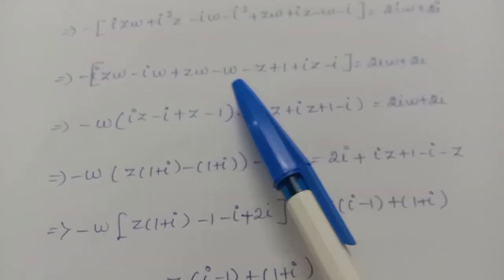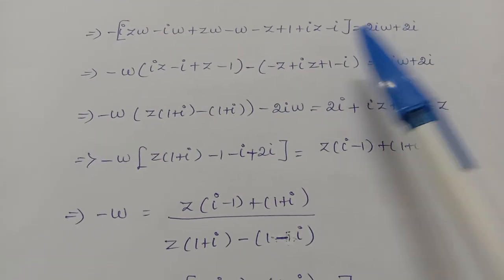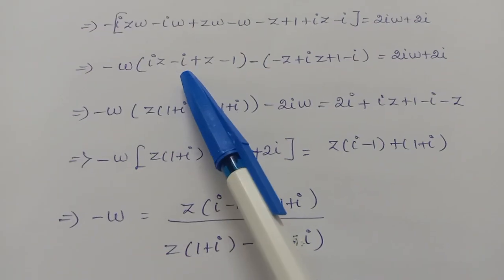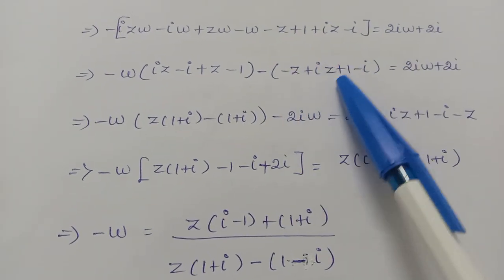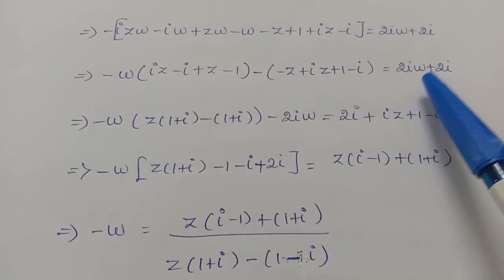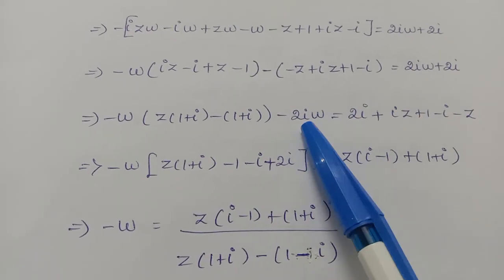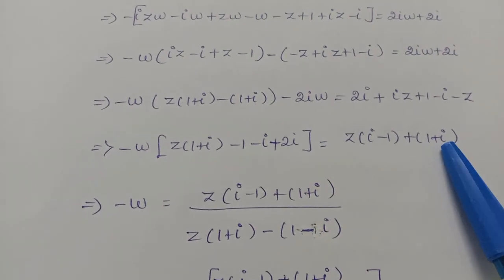That is, I am collecting z terms and w terms separately, equal to 2iw plus 2i. Now take w terms separately: minus w into (iz minus i plus z minus 1), minus the terms containing z and constants, equal to 2iw plus 2i. Again bring this 2iw to the left hand side, combine it with the w term and bring all the z terms to the right hand side.